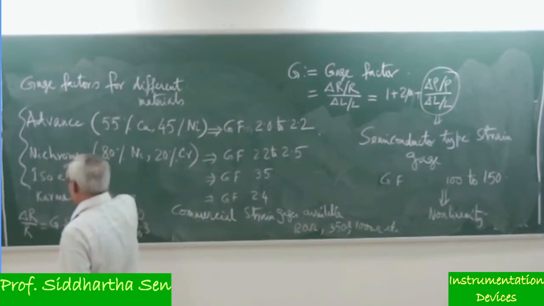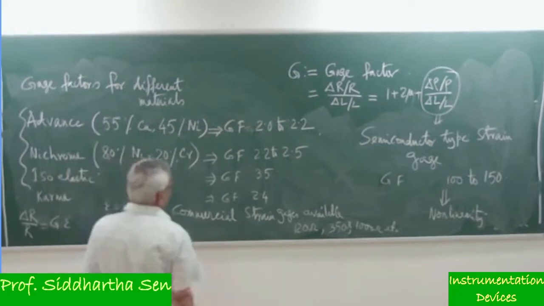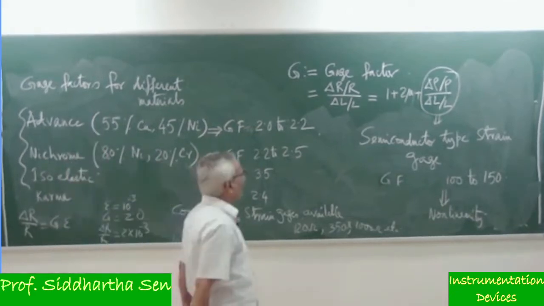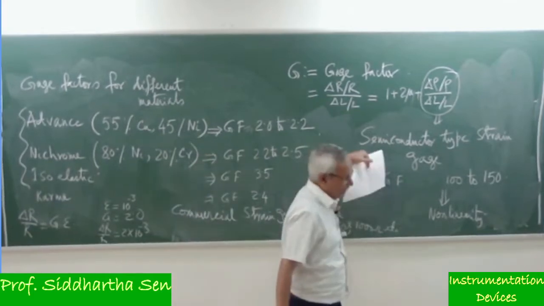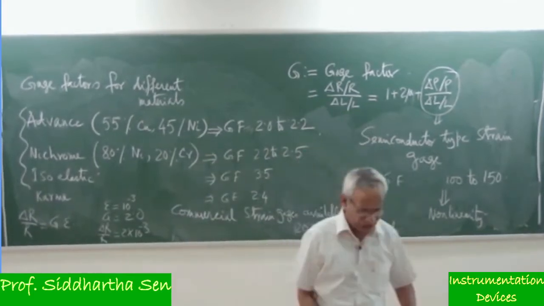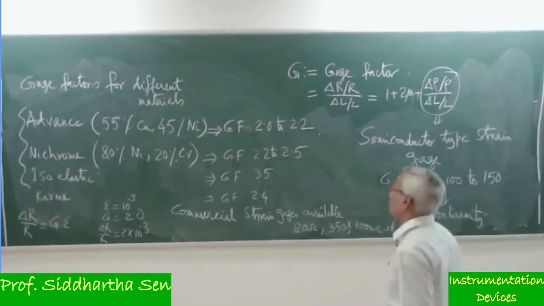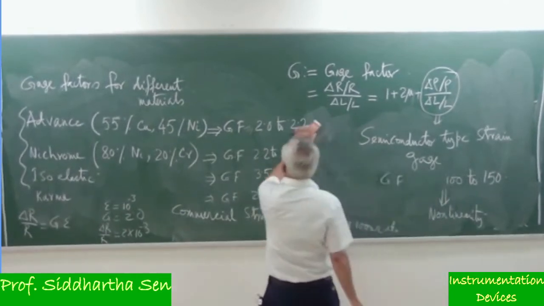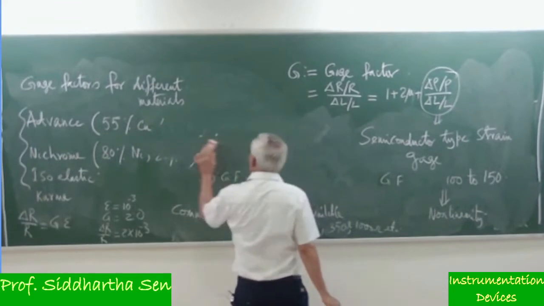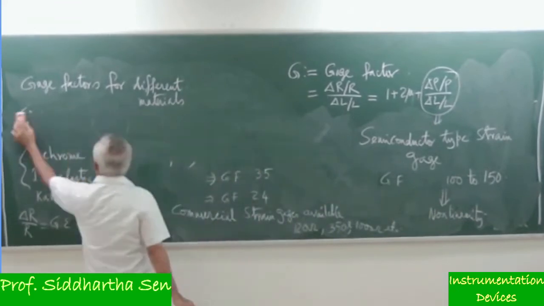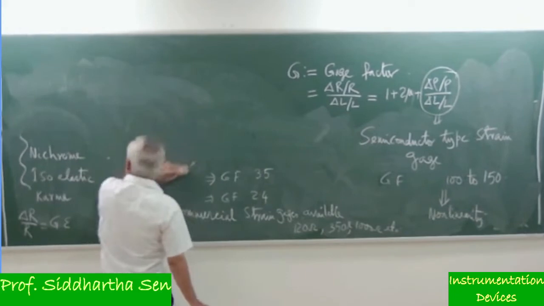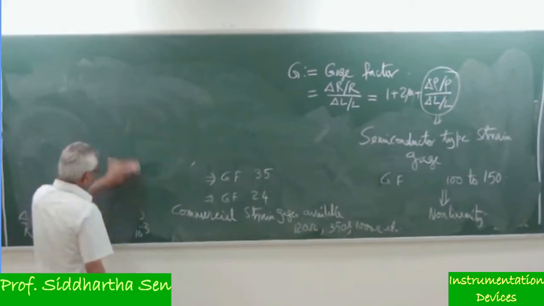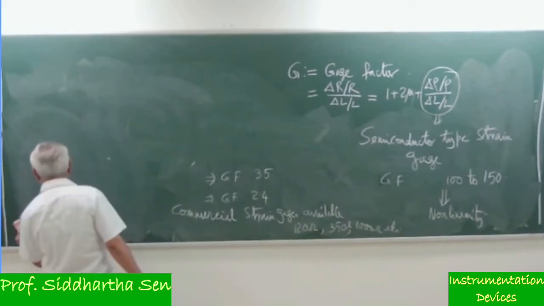Not much deviation is there for the metallic type of strain gauges, but the semiconductor material type is another type of strain gauge. Once we say semiconductor material, there could be two types of doping: N-doped and P-doped.